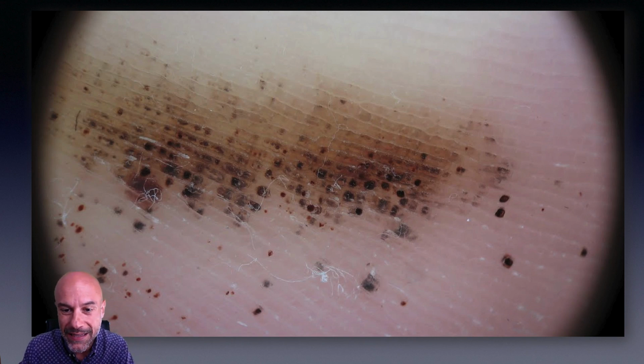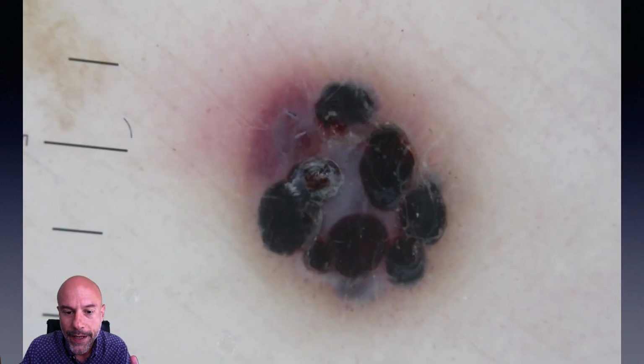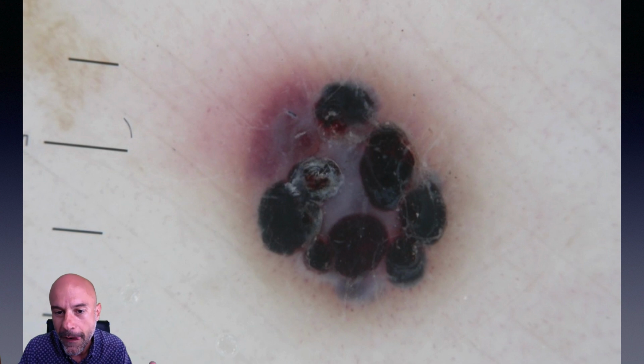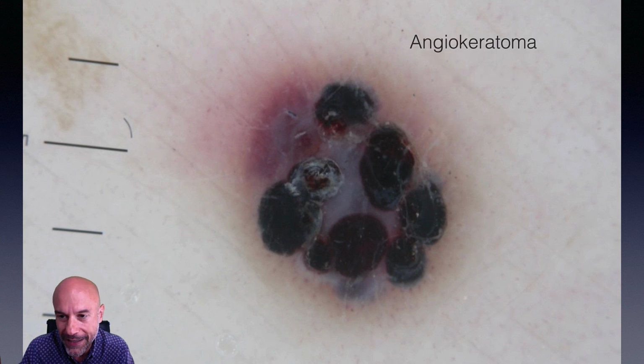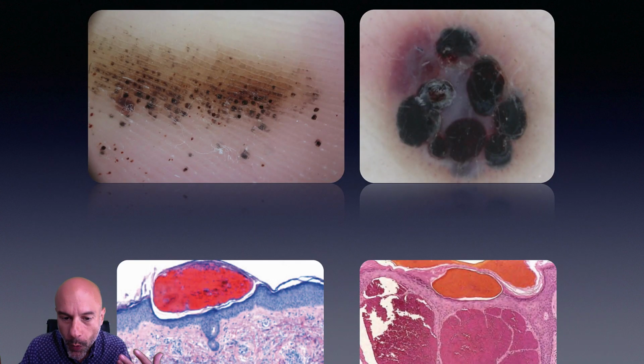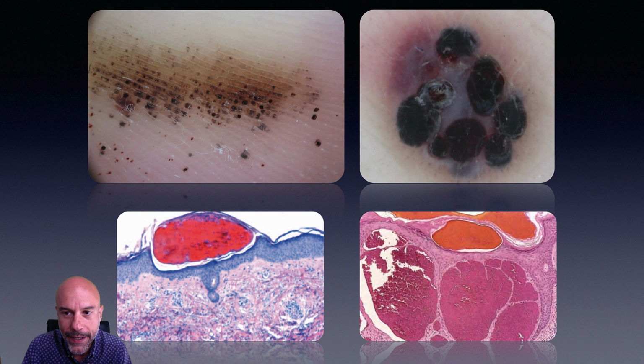You see these blood spots of black color. Or the next one, which is a thrombosed angiokeratoma, in which the lacunas became black in color, so it's blood again. So in both of these occasions, of course, histopathologically there is blood very superficially. That's why we see these black globules.